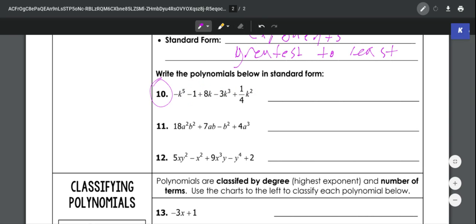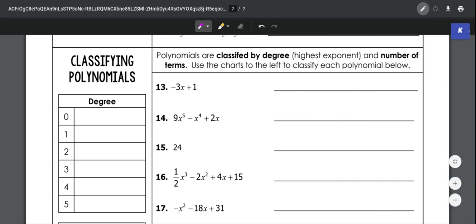So if we were to rewrite this in standard form, it would be negative k to the 5th minus 3k to the 3rd plus 1 over 4k to the 2nd plus 8k minus 1. So the big thing with standard form of a polynomial is just make sure you write the exponents from least to greatest, or greatest to least.